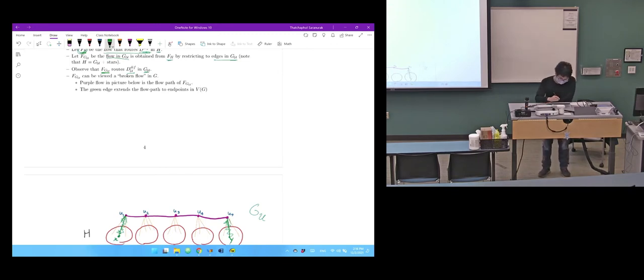So you have each part here, and you have the contracted graph here. Look at the flow paths of F_H.